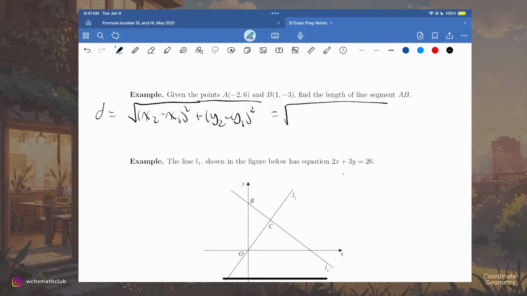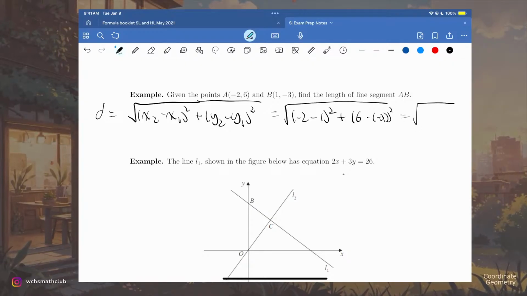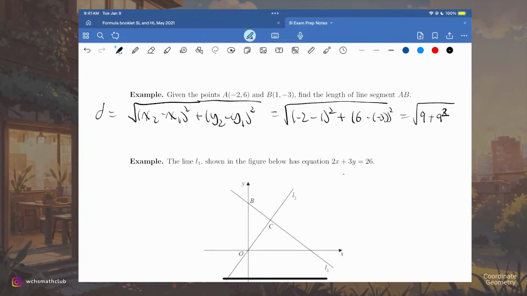This is just straight substitution at this point. Negative 2 minus 1 squared plus 6 minus negative 3 squared. And this is equal to negative 3 squared is 9, plus 6 minus negative 3 is 9, squared. And here you can take out 9, which is 3 squared, from the radical.